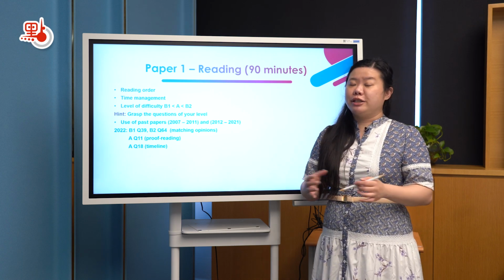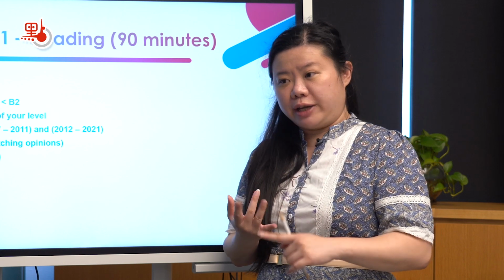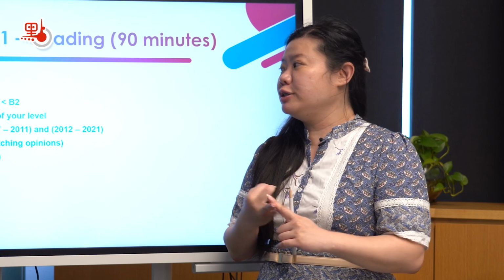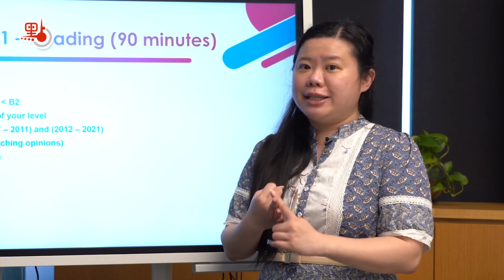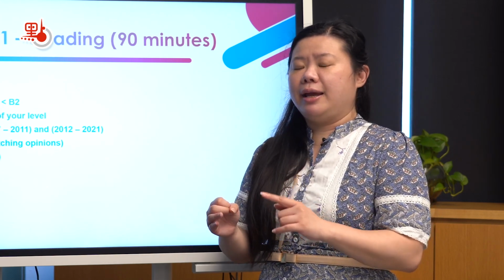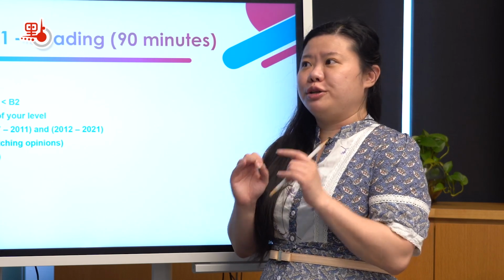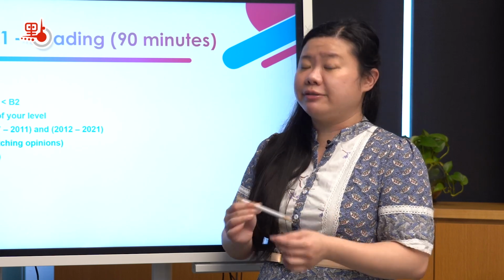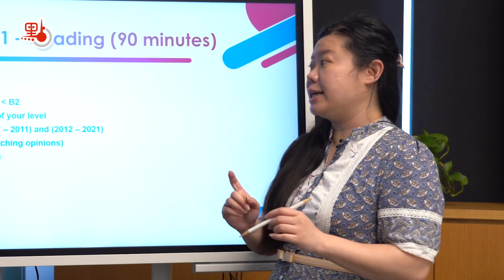This is what I tell my students as well. True, false, not given questions, you must grasp that. Summary cloze, I will tell you later on why summary cloze or gap filling questions, you should master it really well. And if you could do that, you can definitely get better scores in the DSE.